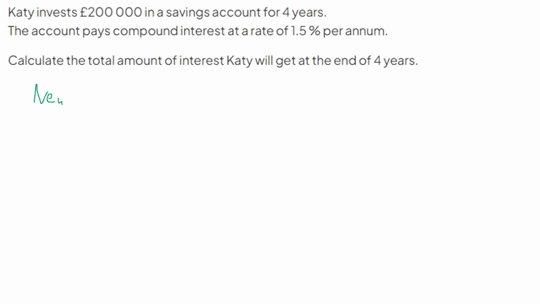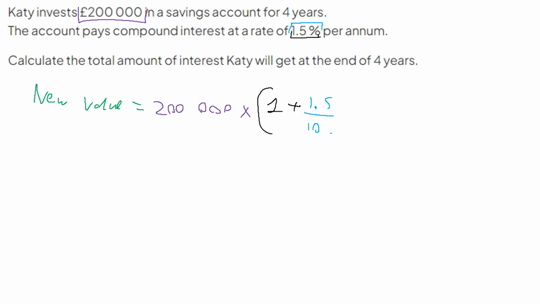So the new value is equal to, what's our old value? Our old value is 200,000, so it's 200,000 times, and then we have our brackets, 1 plus 1.5 over 100, because we have 1.5% per annum. And we know that it's at the end of 4 years.